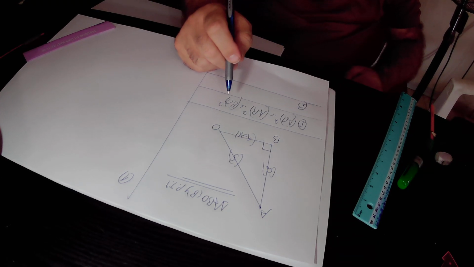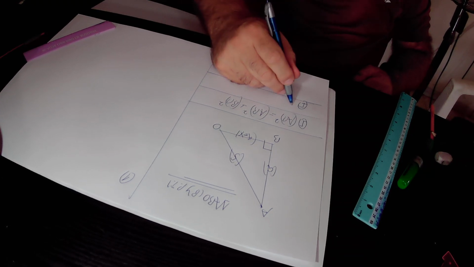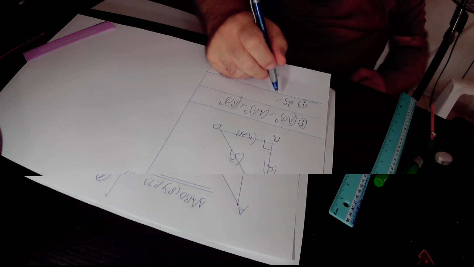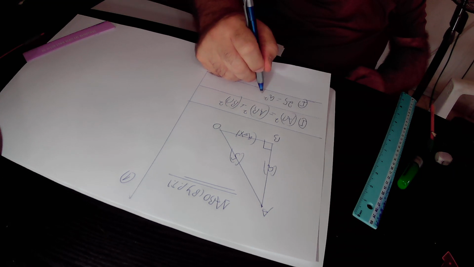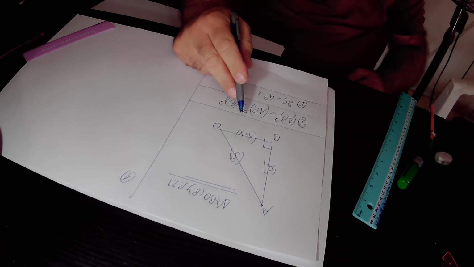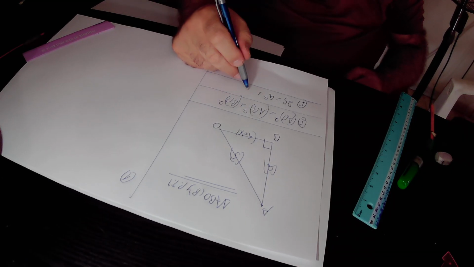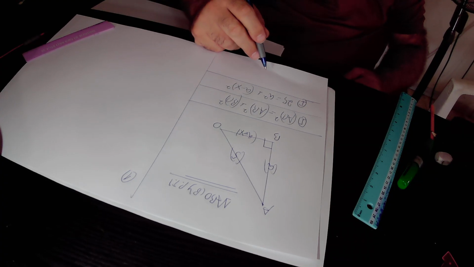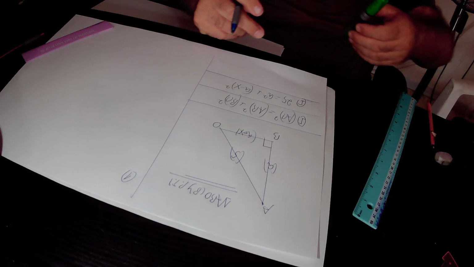AO is 5, therefore AO squared is 5 squared, that is 25. And it equals AB squared. AB is A, therefore AB squared is A squared, plus BC squared. BC is A minus X, therefore BC squared is A minus X squared. So in total, according to equation 1, we found out that 25 equals A squared plus A minus X squared.